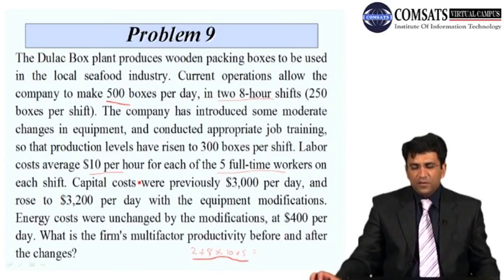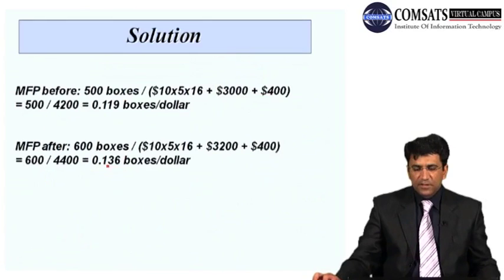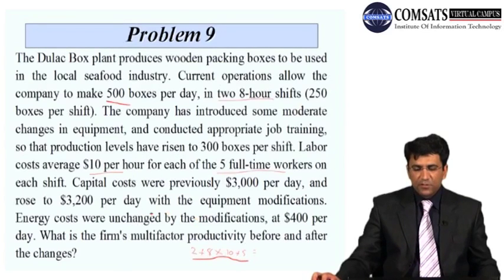So our old productivity will be equal to 500 divided by this value, plus there are other inputs involved. As you can see, the capital cost is also involved, which is $3,000 per day before the equipment modification, and there is another cost, the energy cost, which is equal to 400.